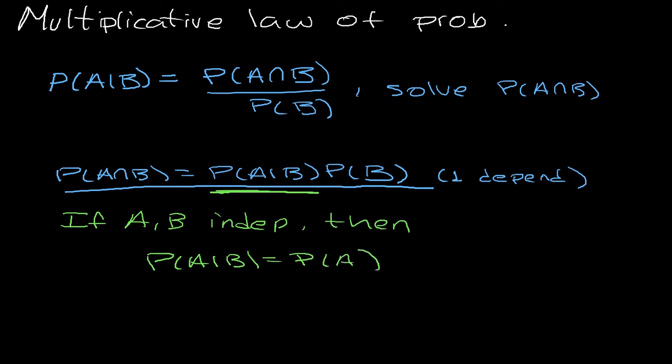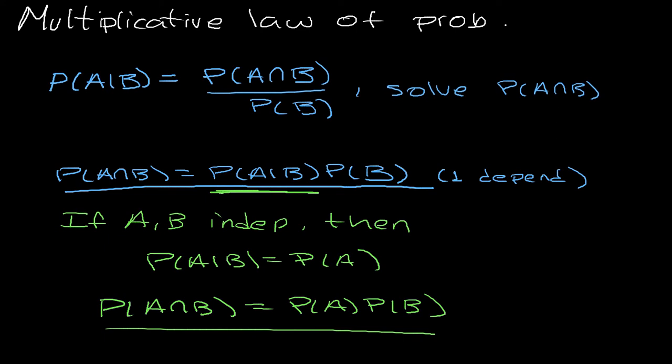So if we substitute that in the probability of the intersection, we find that this is one of the conditions for independence, right? So there's a way to work out the independence conditions from the definition of conditional probability. How? Solving for the probability of the intersection and then assuming independence, and that's it.